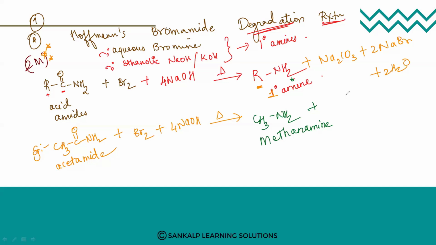So other products are Na2CO3, sodium carbonate, plus 2NaBr and plus 2H2O.